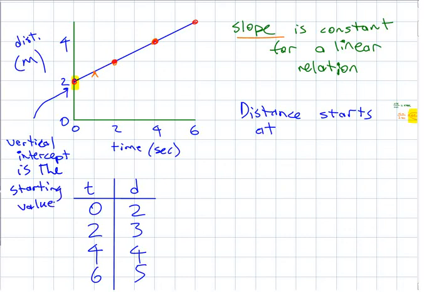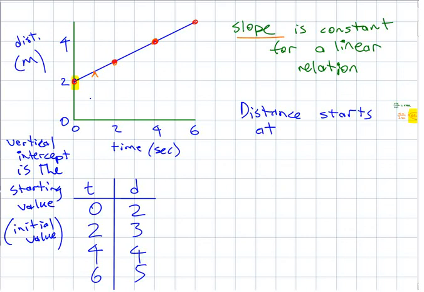Intuitively, you know this already, but people forget it in Math 10 for some reason. It's the starting value. Sometimes we call that the initial value. If I say, what distance did you start at here? I think most of you would say, you started at 2. Duh, it's right there, right? Whereas if somebody says, what does the vertical intercept represent in the situation?